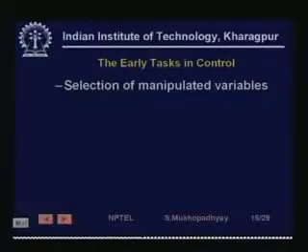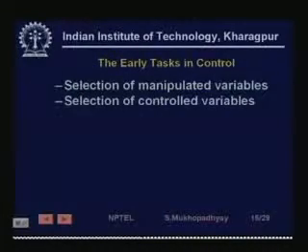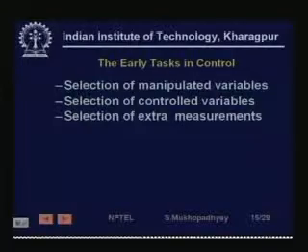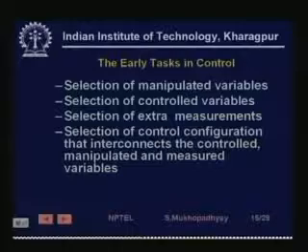So, first of all, selection of manipulated variables, which variables are to be manipulated, selection of controlled variables, which variables are to be controlled, selection of extra measurements sometimes required for achieving good control performance, like disturbance rejection, as we have seen in the case of cascade loops. So, how are you going to do the cascade, which variable you want to sense and feed as an inner loop feedback, you need to understand that.